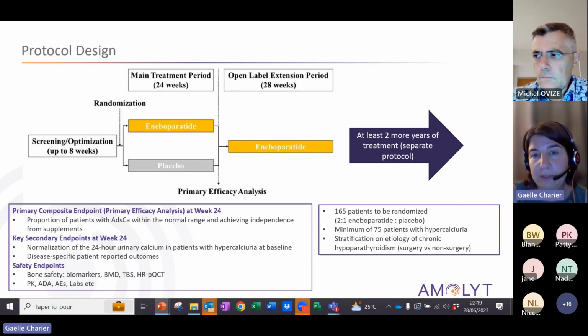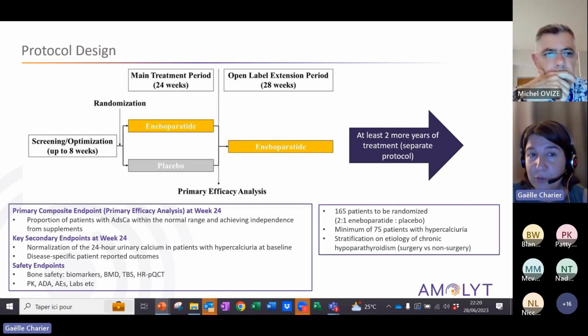All patients will receive the active drug, eneboparatide, for 28 weeks. And then under a separate protocol, if patients have completed this first year of study, they will be able to move to a separate study, which will be an open label extension, so another long-term extension study where all patients will also receive eneboparatide for at least 2 years.